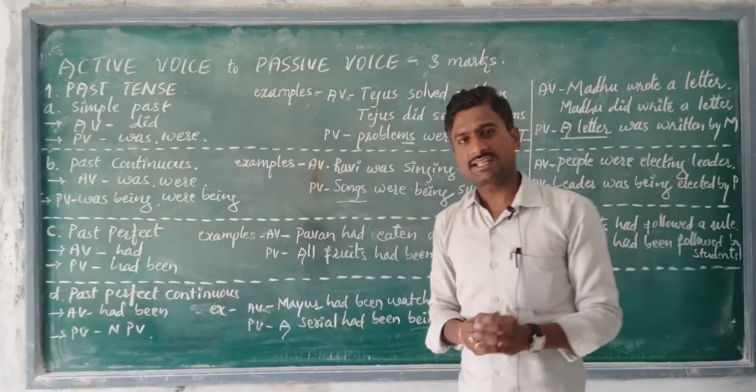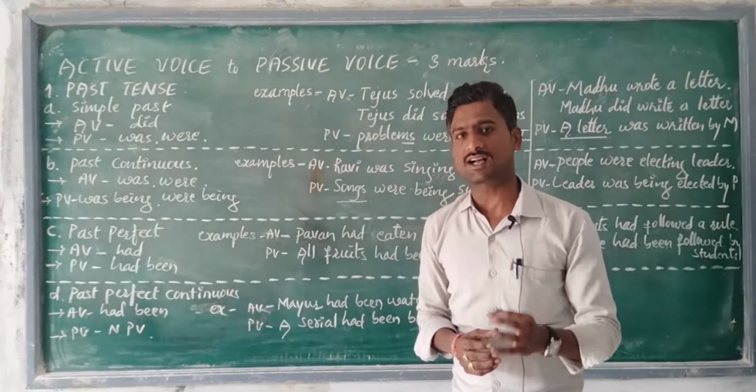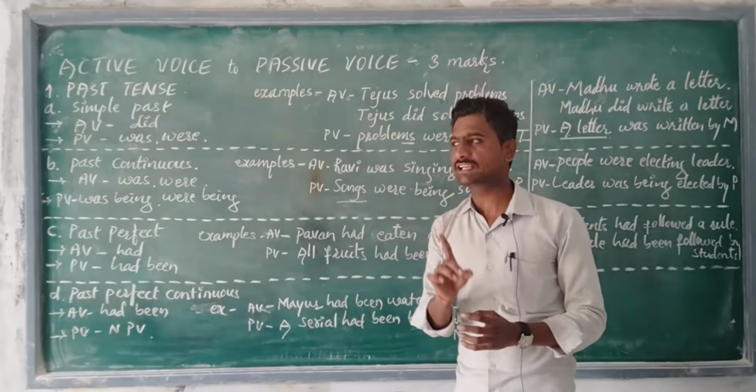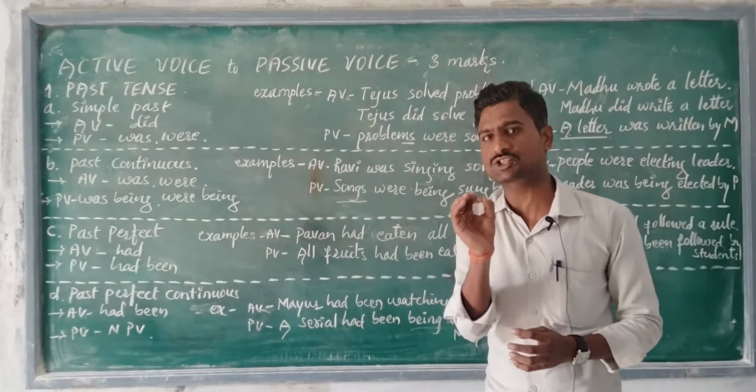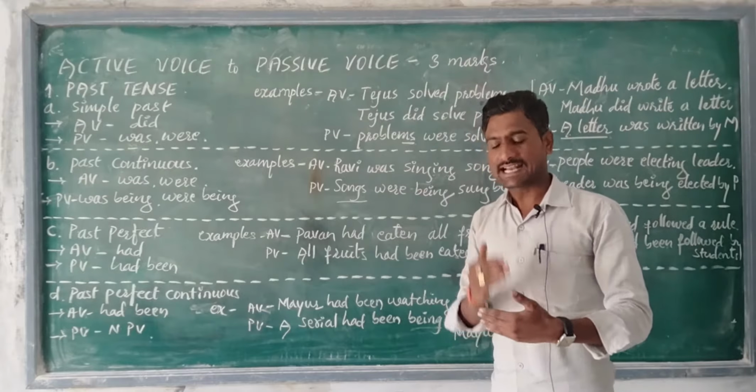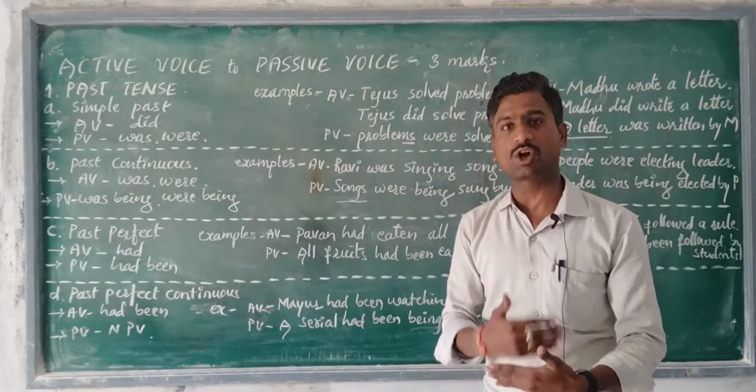In an easy way, if you want to know the definitions of active voice and passive voice, the sentence which raises a question to ask who is the active voice. That means the active voice raises a question to know the person's name. But the passive voice is the sentence which raises a question to know what.